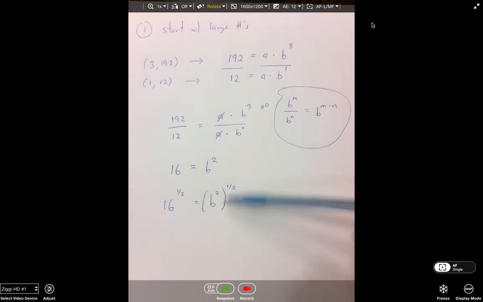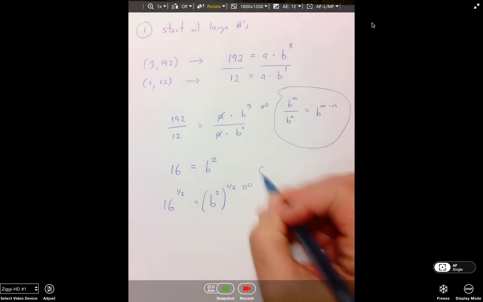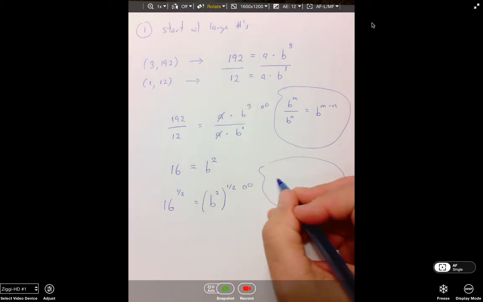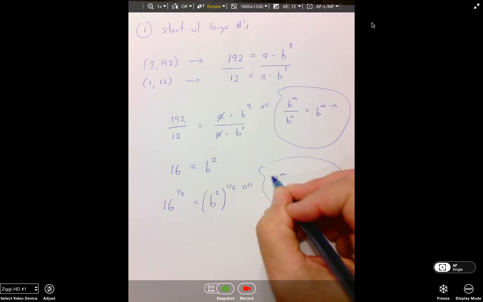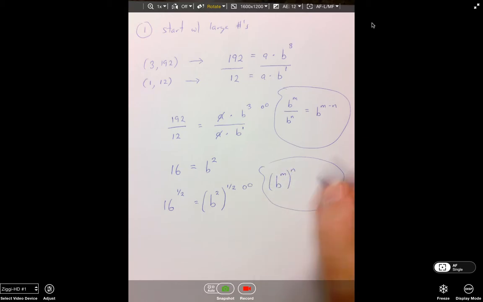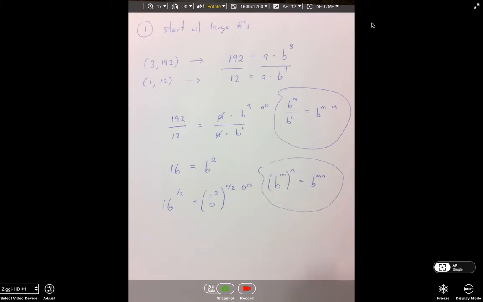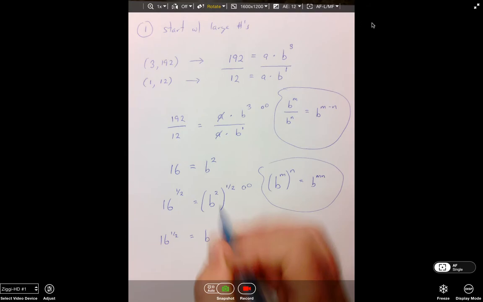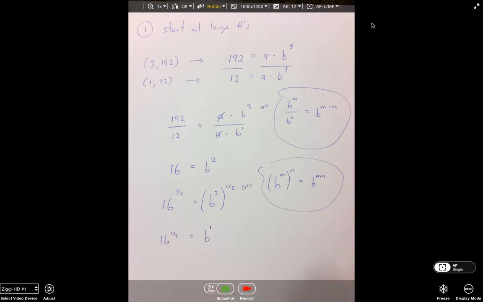So if we raise something to the multiplicative inverse, because remember there's another property that says b to the m raised to the nth power, we just multiply these powers. So over here I'm going to have 16 to the 1/2 power equals b to the 2 times 1/2 power, which is just b to the 1st power.